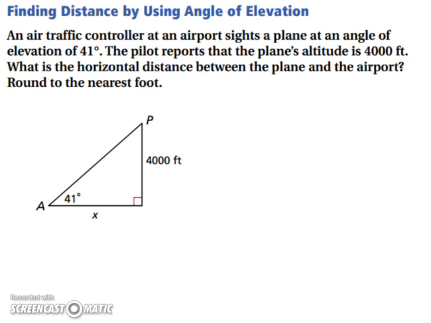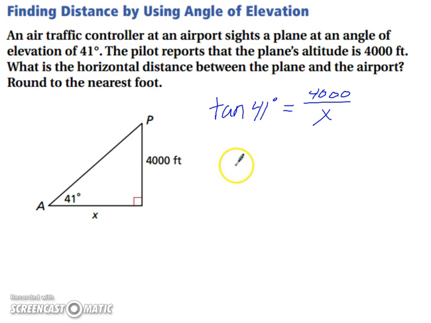Now that you've had a moment to draw the diagram, you have your height is 4,000 feet, and we're trying to figure out how far the plane is from the airport, and we've got a 41-degree angle. So you simply use your regular trigonometry for this. You have opposite and adjacent, so you're going to use the tangent of 41 degrees is our opposite, 4,000, over our adjacent, which is our unknown.